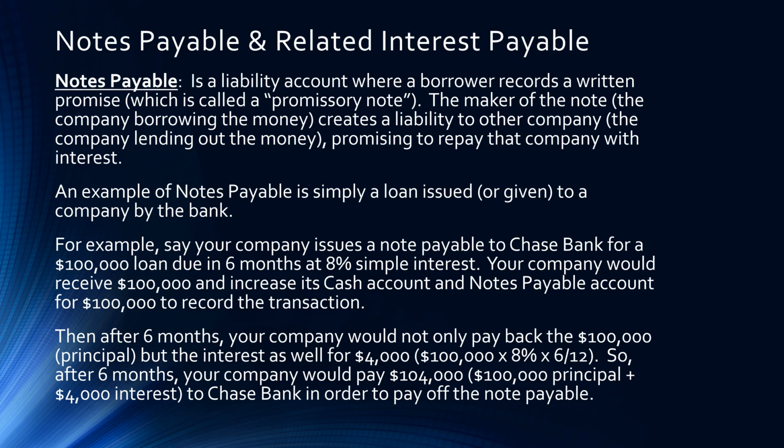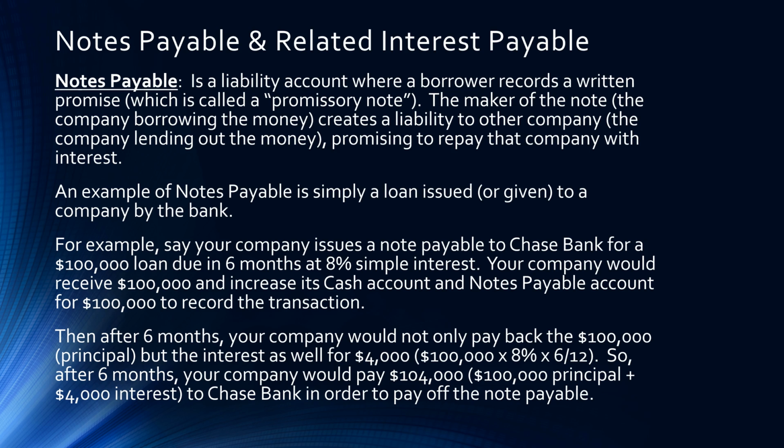And that's calculated as the unpaid principal times the annual interest rate times the amount of time that has elapsed. So the amount of time that you were holding on to the money. In this case, the company held on to the money for 6 months, so we would do 6 over 12.